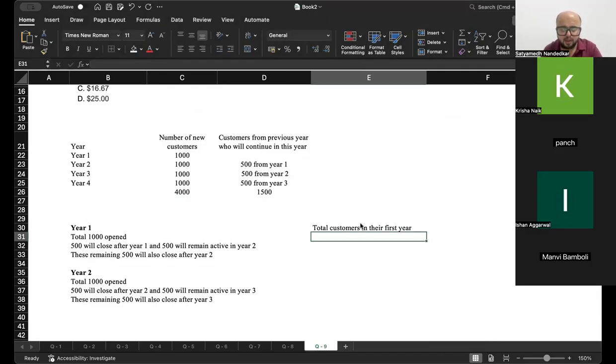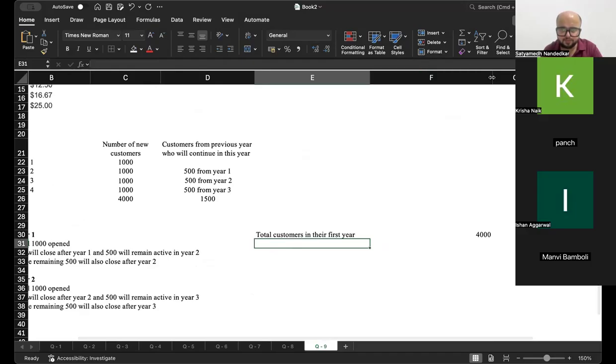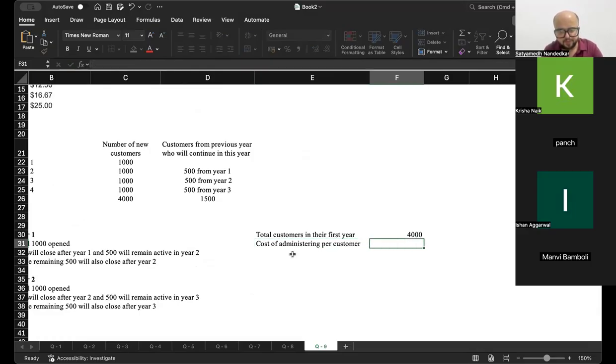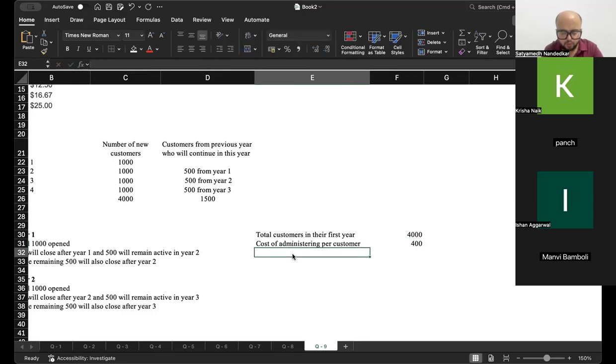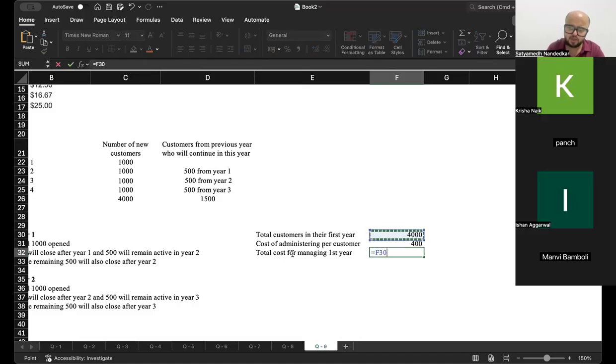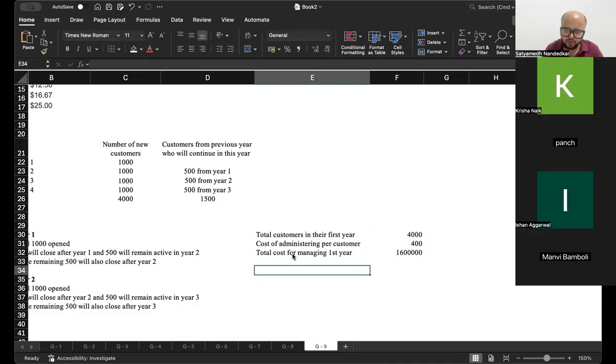Okay, and what will be the cost of administering these customers? Cost of administering per customer 400. So total cost for managing first year is how much? 4000 into 400.